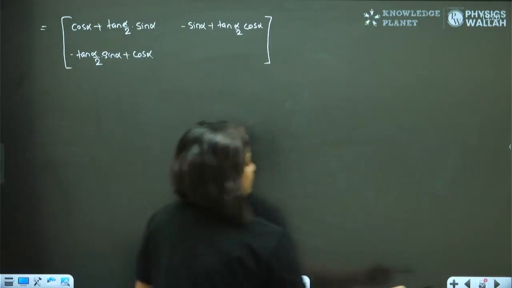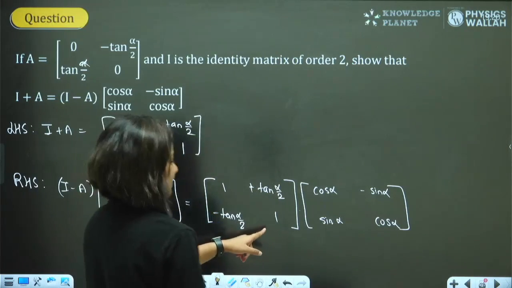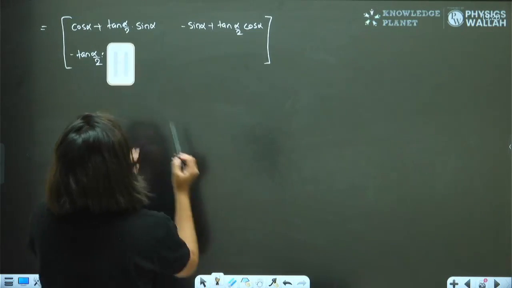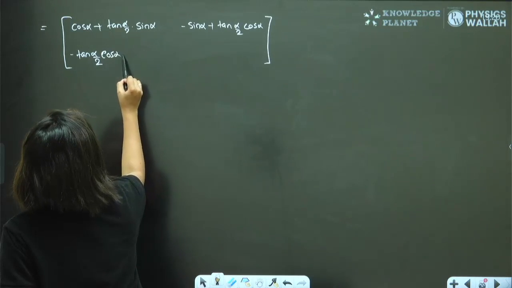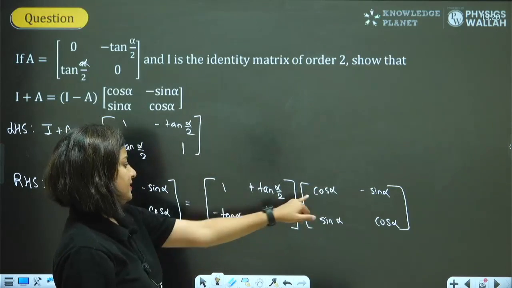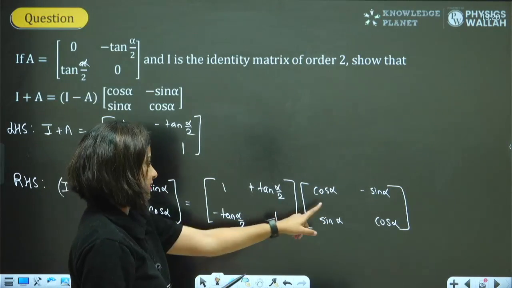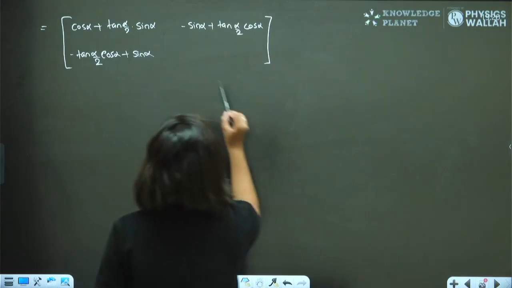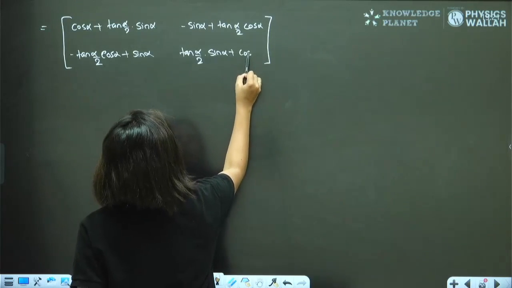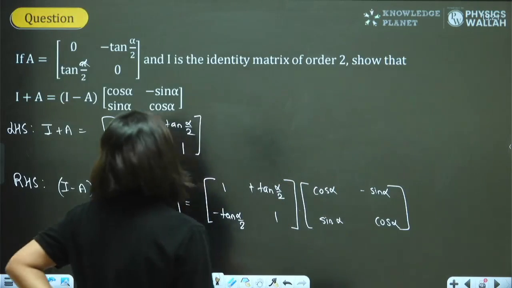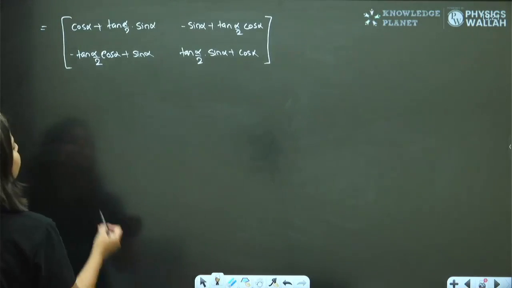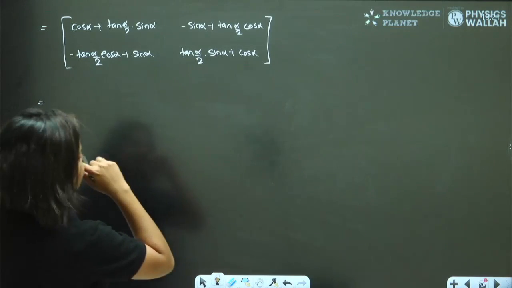Right people, just go back and check, plus sin alpha it was. I wrote it the other way around, into cos alpha plus sin alpha, that is what it was. Going back, second row second column: minus tan into minus sin will be plus tan into sin plus cos. So tan alpha by 2 into sin alpha plus cos alpha. Let me just see if I am anywhere near what is needed. Looks like yes. Let's proceed and solve it, then we'll check.